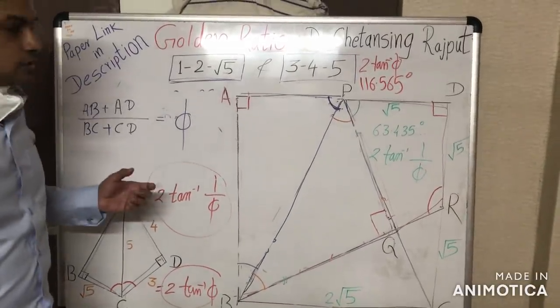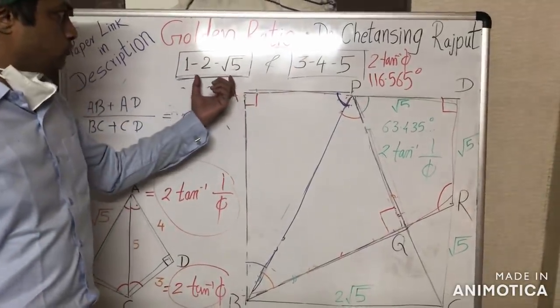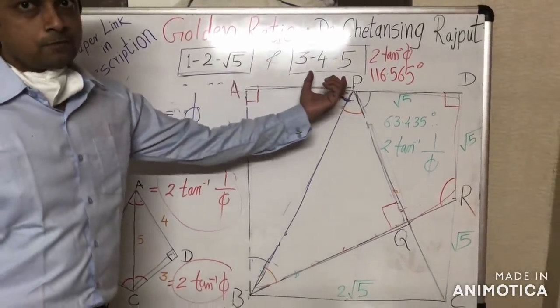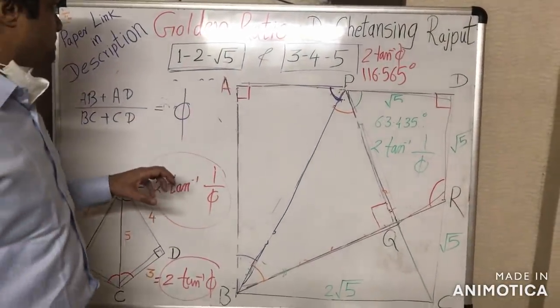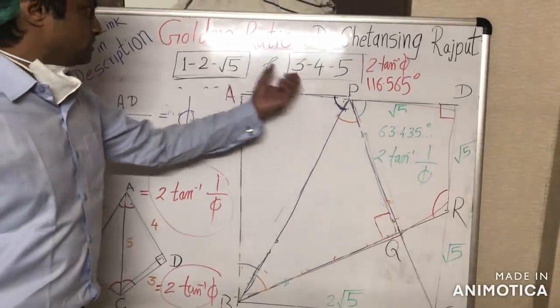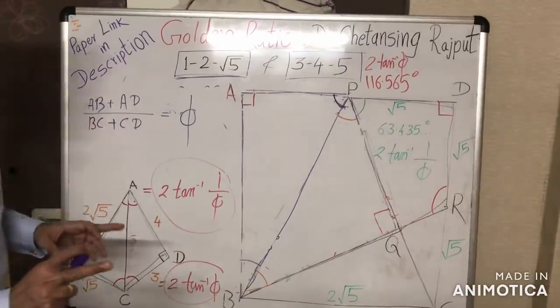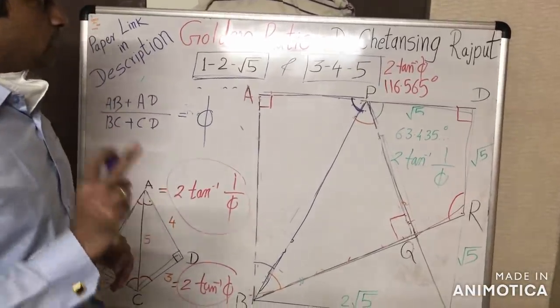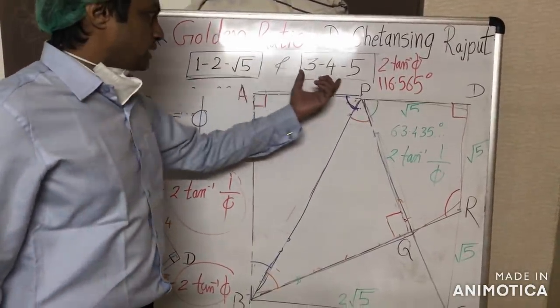Such is the classical geometric relationship between these two triangles, the 1, 2, root 5 triangle and the 3, 4, 5 primitive Pythagorean triple. The details of this classical intimacy between these two triangles are given in the paper, so visit the paper link. Here I want to mention one more thing that corroborates the classical geometric relation between these two triangles.